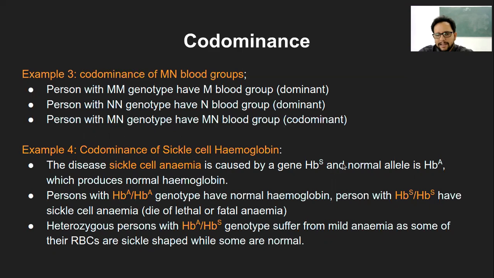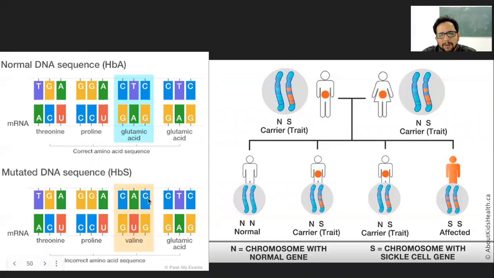The last example that we saw was sickle cell anemia, where an affected individual has a phenotype in which one of the amino acid residues is changed, that is HbS. If it is homozygous, that individual will be affected.